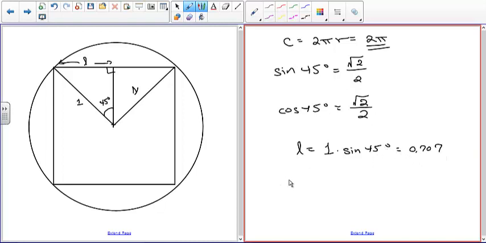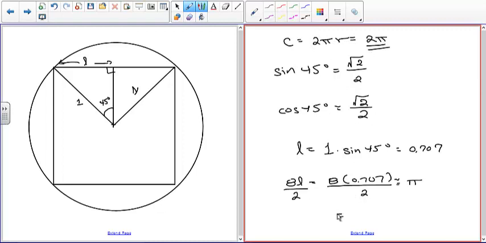So if I take 8 times L, that'll give me the perimeter of the square. So I take 8 times 0.707, and I divide it by 2 because what I'm trying to do is approximate pi. So 8 times that gives me the circumference of the square, but I'm approximating the circle, and that's approximately equal to pi. So pi is the perimeter divided by 2.